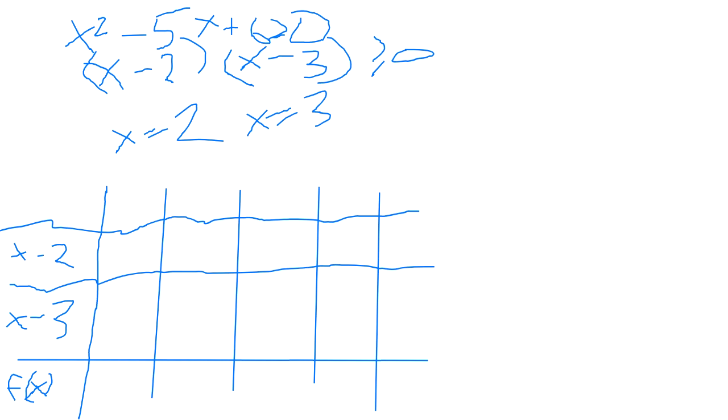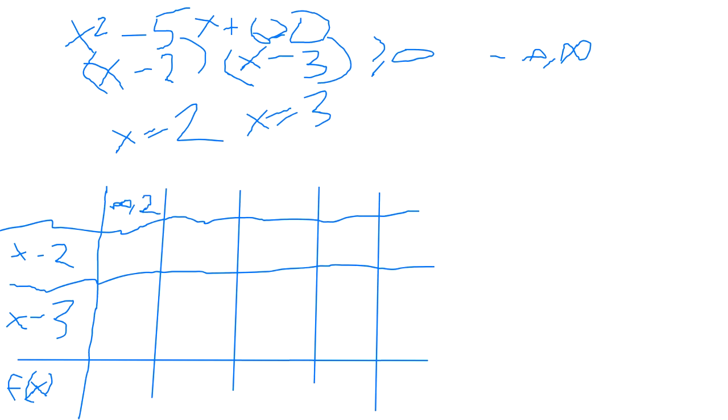And we put the factors. We are going to go from negative infinity to positive infinity, but we are going to put the factors in between. So the first interval will be from negative infinity to 2, obviously not inclusive.